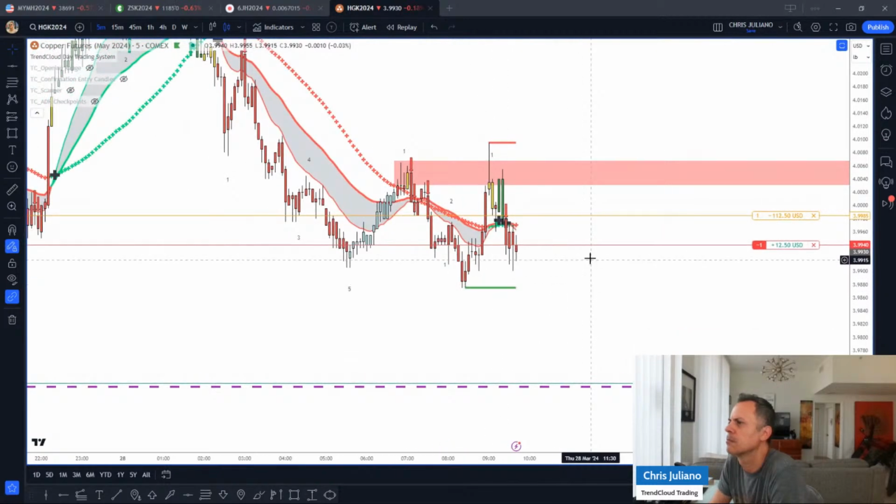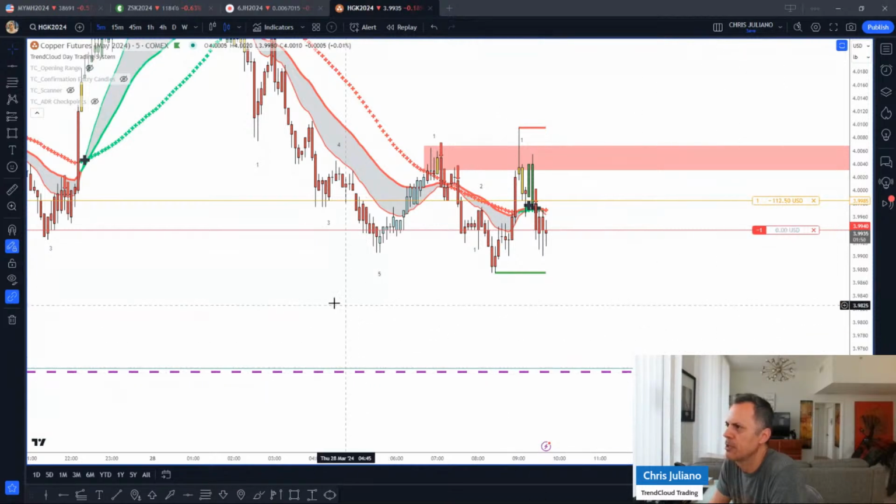Okay. This is the candle that caused the TrendCloud signal. We were able to capture the retest of that. All right.